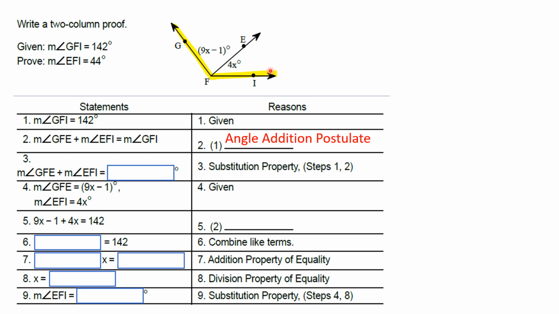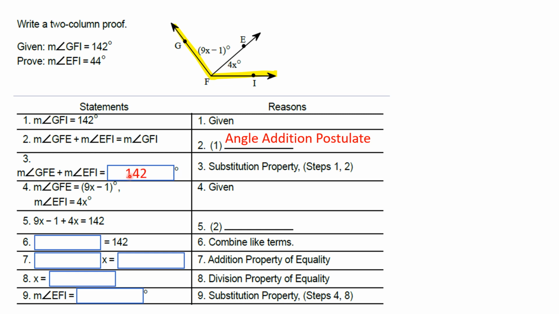Left-hand side stayed the same, but the right-hand side became blank, so we're supposed to fill that in with something different. What were you told was the measure of angle GFI? Well, in line 1, they told you that that was 142 degrees, so let's just substitute that in on the right-hand side.